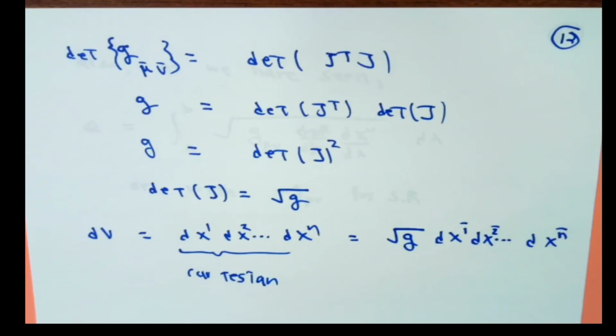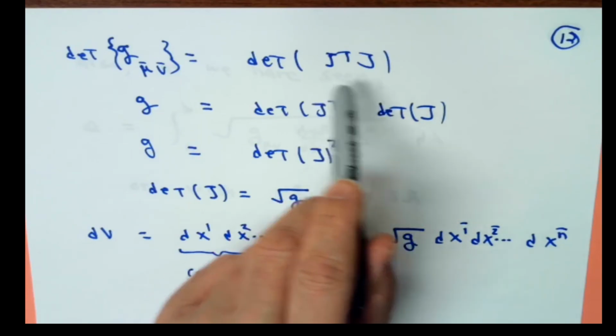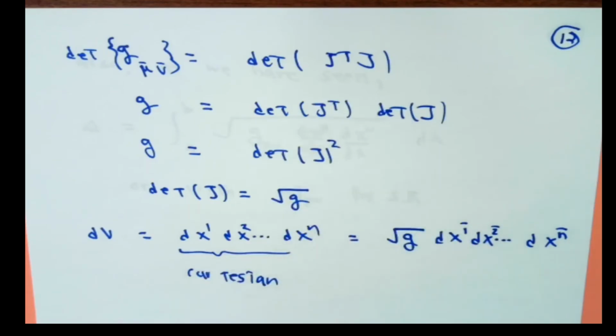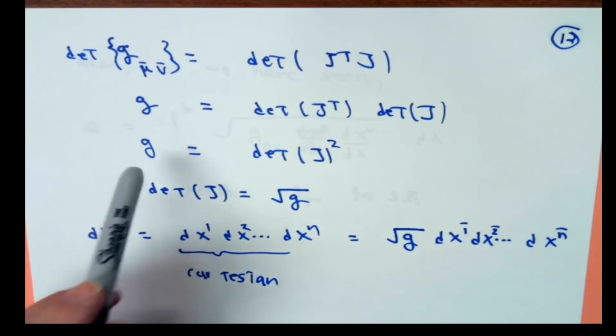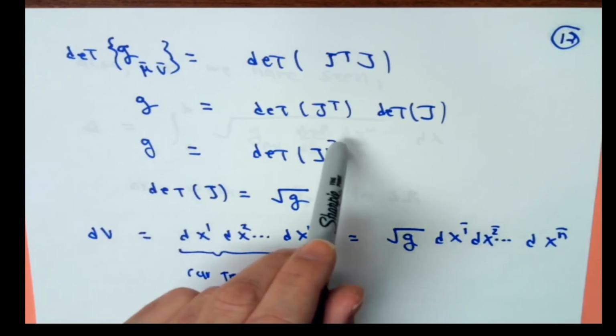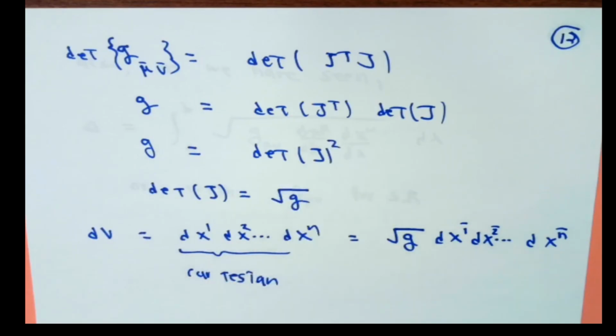As you remember from linear algebra, the determinant of the product of two matrices is the product of the determinants. Also, from linear algebra, the determinant of J transpose is the same as the determinant of J. So this tells me g, the determinant of the metric, is the square of the determinant of this transformation matrix.